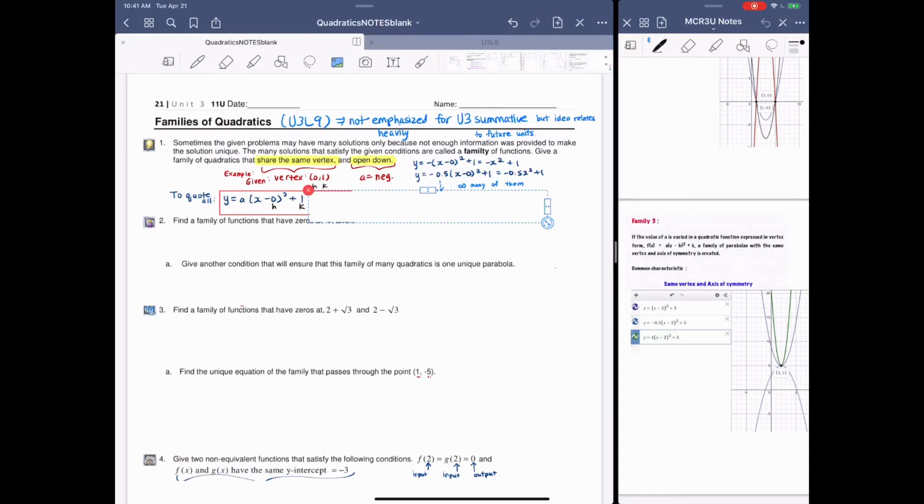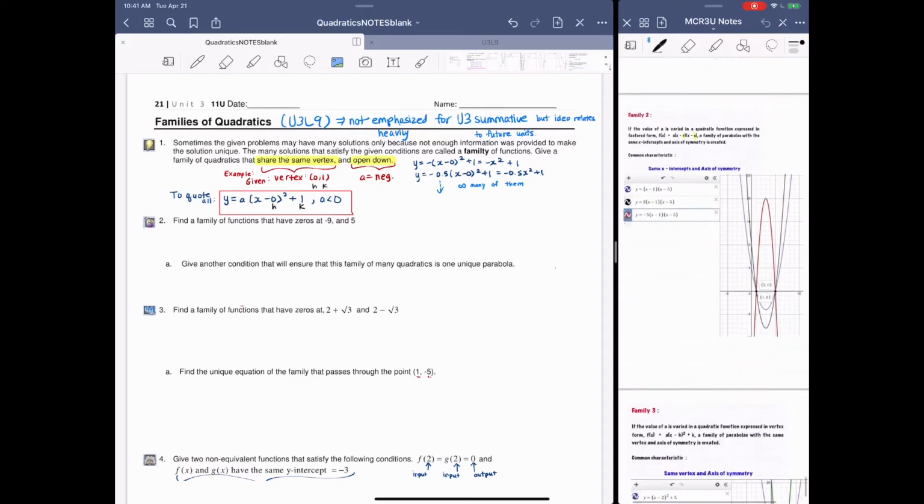And keep in mind, I do need to write some kind of restriction on this equation by writing a is less than 0. So that is an example of a family of quadratics that shares the same vertex, let's say (0, 1), and it opens down.